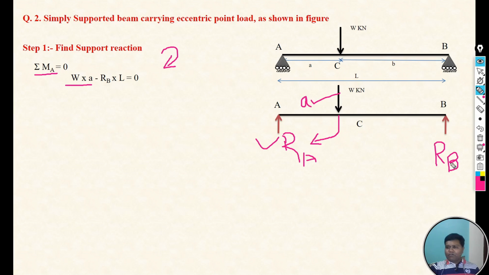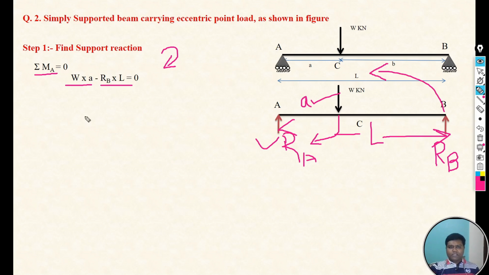Then the moment of RB is produced anti-clockwise, so we consider it negative, and the perpendicular distance is L. So the moment of RB is minus RB into L. So we have this equation. Just solve it to calculate RB.